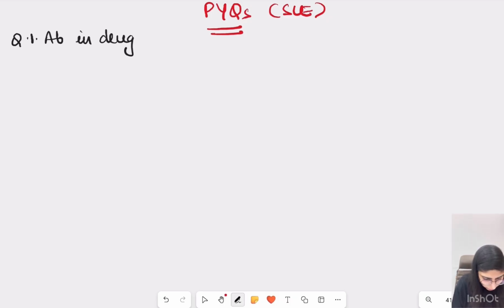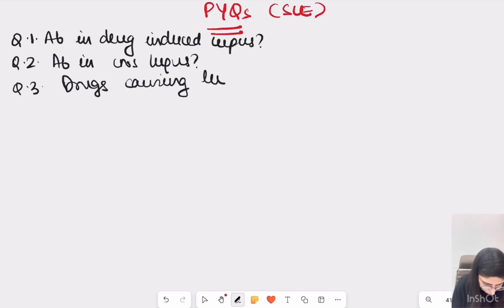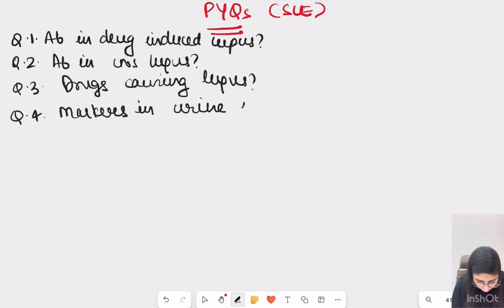Antibodies in drug-induced lupus. Please write the answer. Antibody in CNS lupus. Drugs causing lupus. Keep writing your answers. You don't have to write the question, you can just take a screenshot later, but keep writing your answers. Markers in urine in SLE.